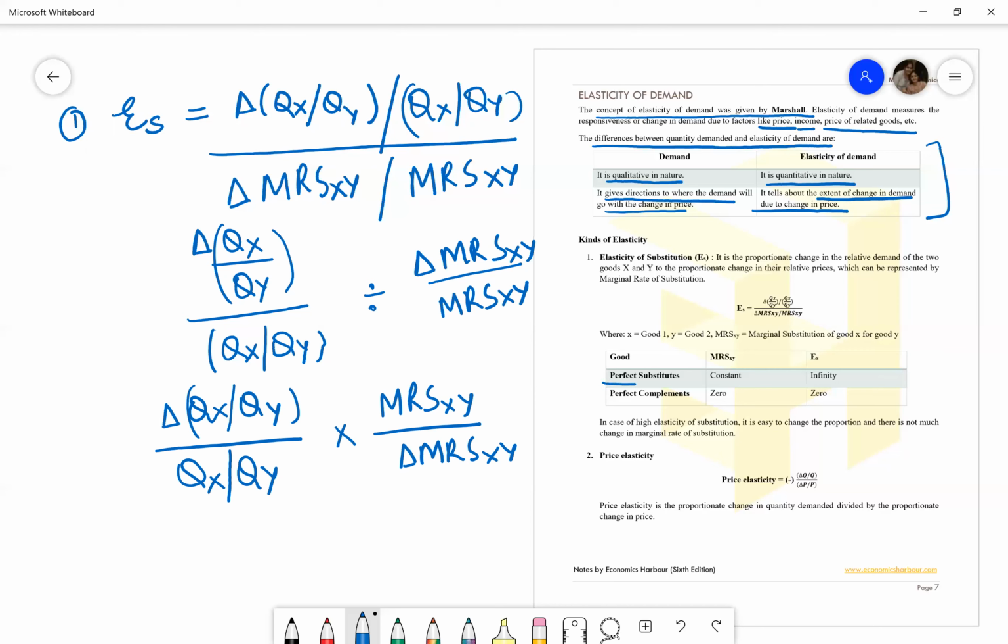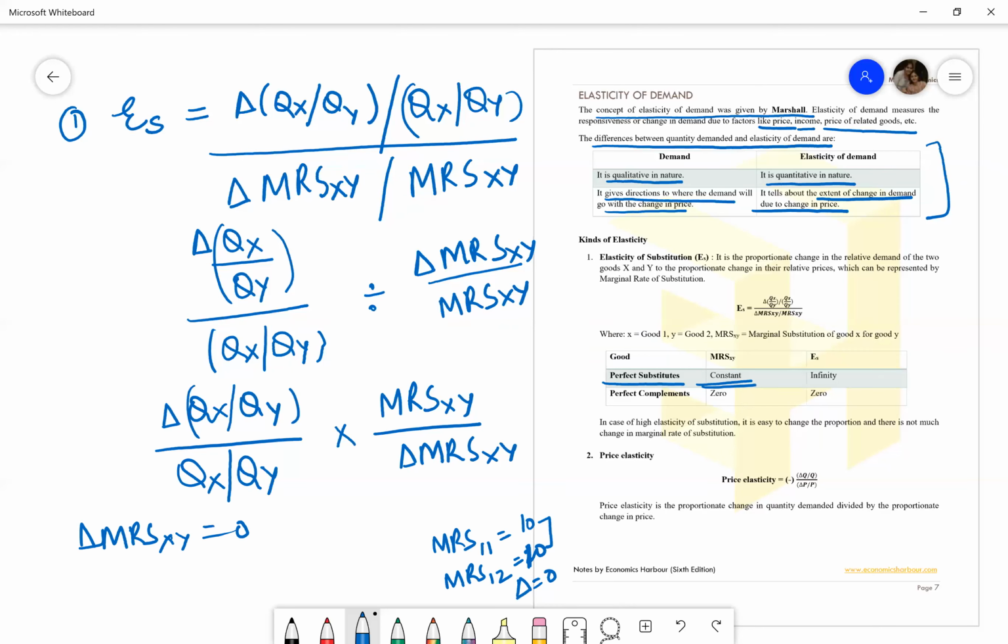First are perfect substitutes. In the case of perfect substitutes, the MRS is constant, which implies that the change in MRS xy will be equal to 0. For example, when the MRS in case of one is 10 and the MRS in case of two is again 10, the change is 0.